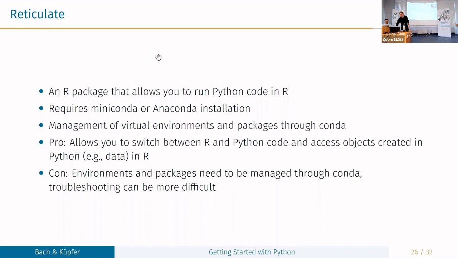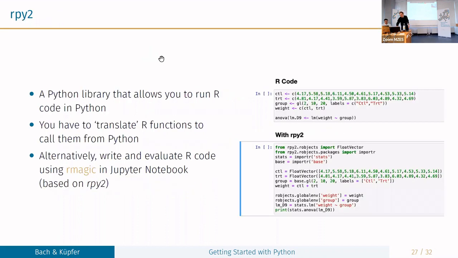Since we can run Python code in R, smart people thought, well, we also want to be able to use R code in Python. So exactly the other way around.